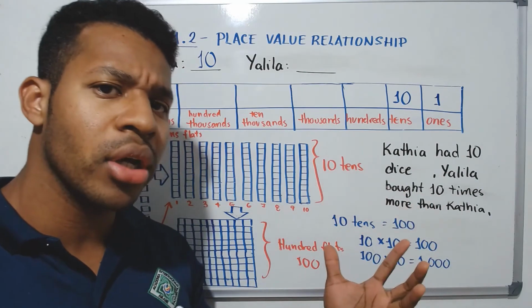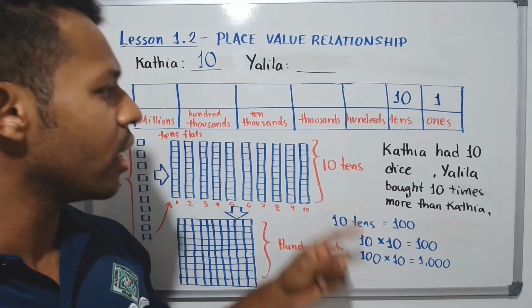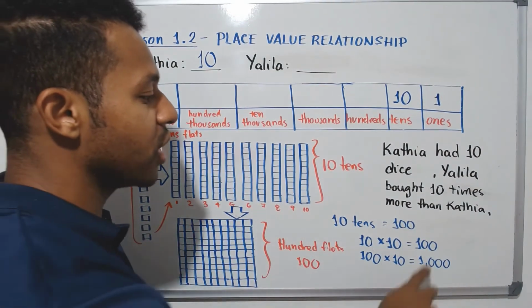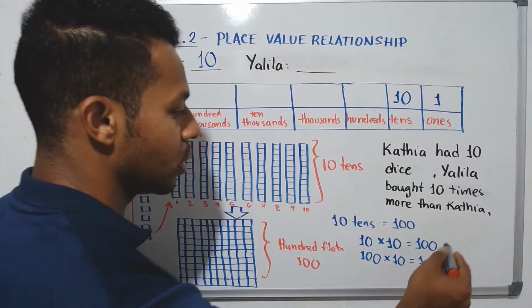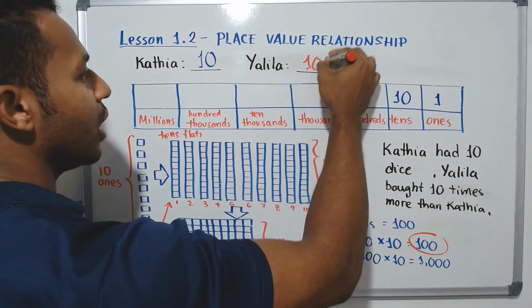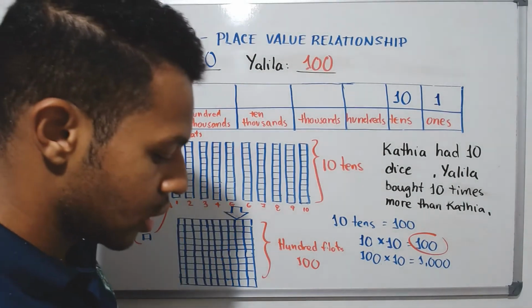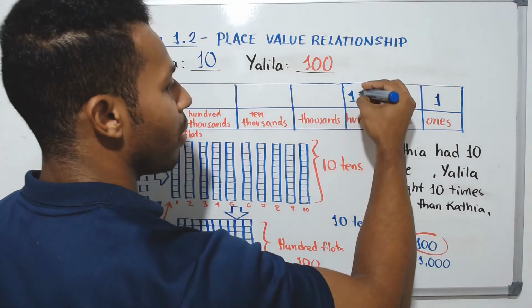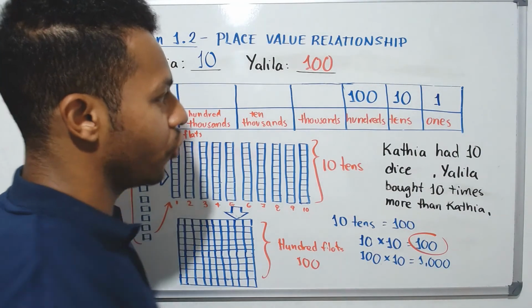And how many does Katia have? Katia has 10. So 10 times more represents 100 dice. You got it? Jalila has 100. So the 100 is represented by the number 100.